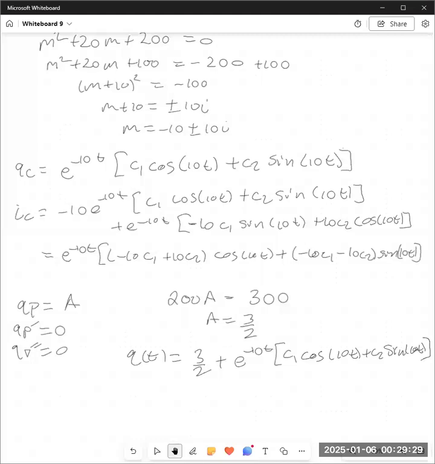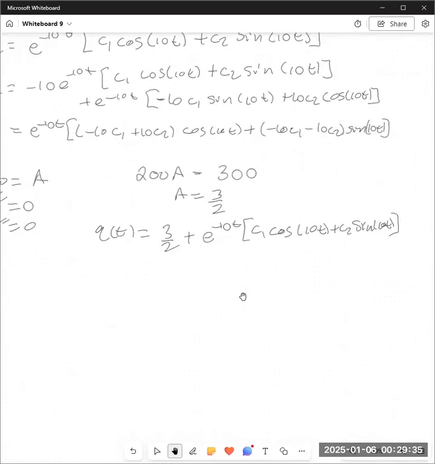And then we can go ahead and find Q0 over here. So Q0 is going to be 3/2 plus C1, and that needs to be equal to 1. So C1 equals negative 1/2.